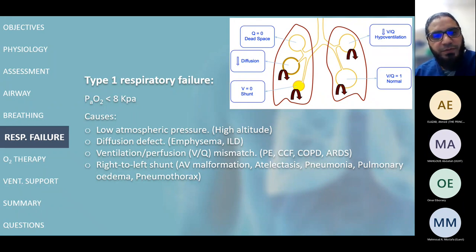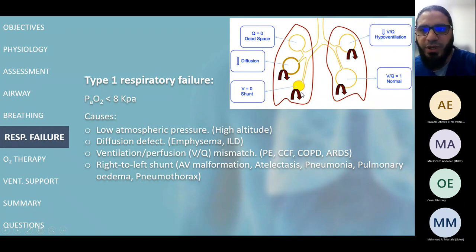If you have a defect in diffusion, where the alveolar capillary membrane is destroyed by emphysema or fibrosed in interstitial lung disease, this will cause type 1 respiratory failure. If you look at this picture, you will understand the VQ mismatch and the right to left shunt. I'm not sure if you can see my cursor, but this alveoli in the right upper lung is well ventilated, but you can't see any blood going through.